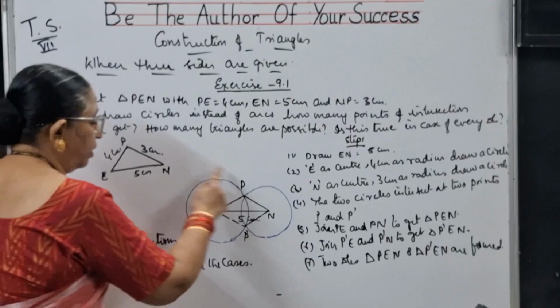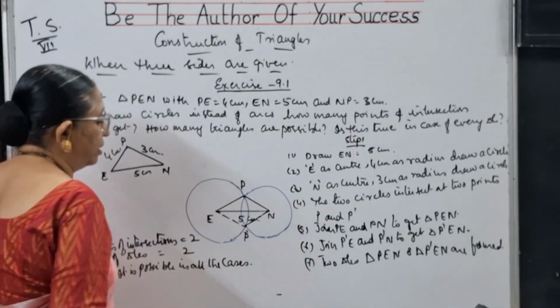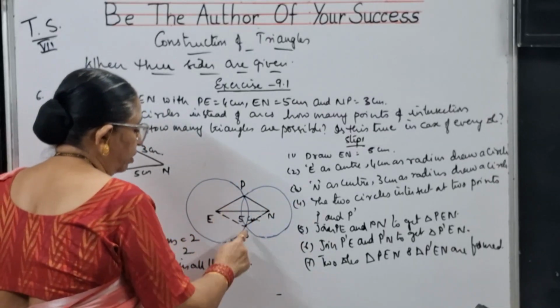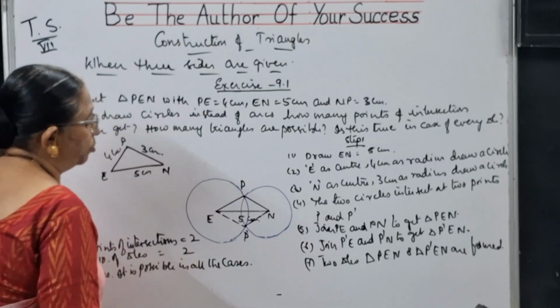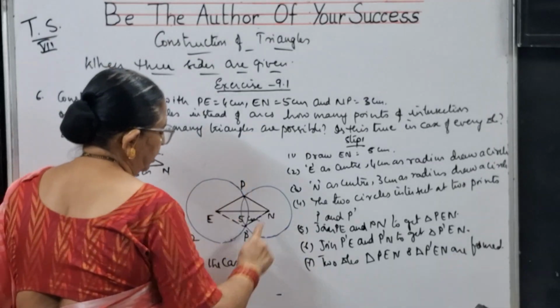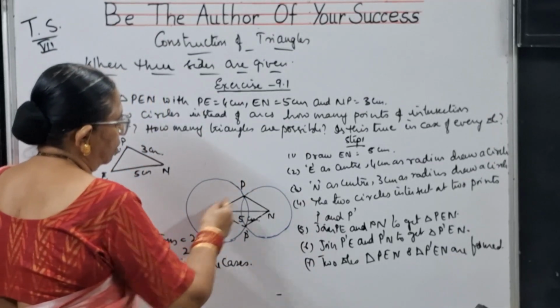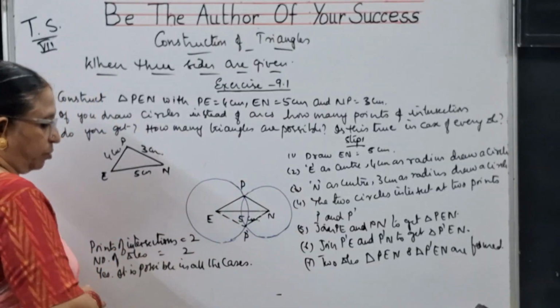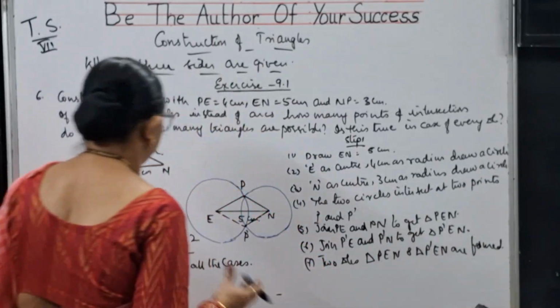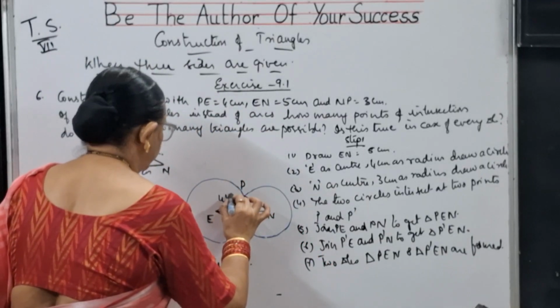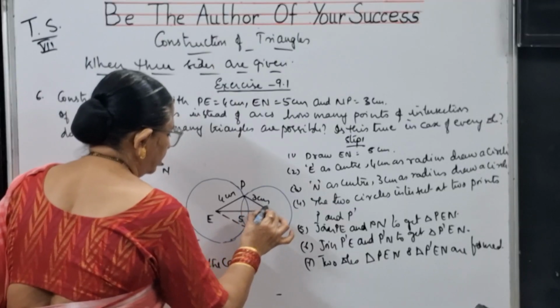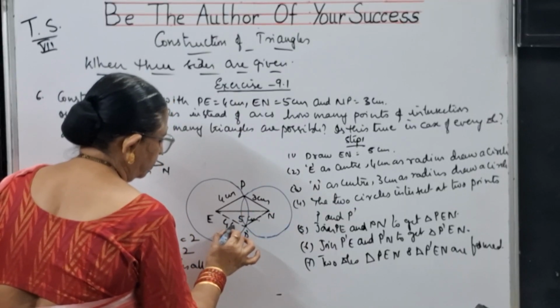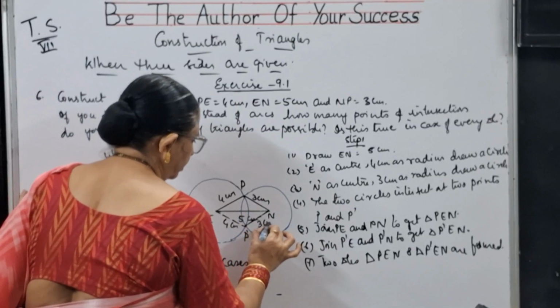Of course, when I have drawn the two circles here, the two circles are meeting at 2 points. One I named as P, another one is P dash. When I join PE and PN, these measures also you can write, children. This is 4 centimeters, this is 3 centimeters, this is 4 centimeters, this is 3 centimeters.